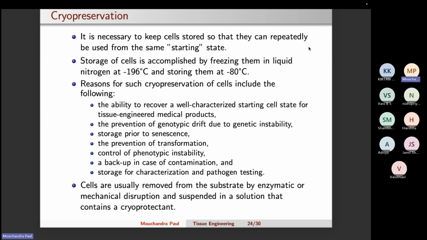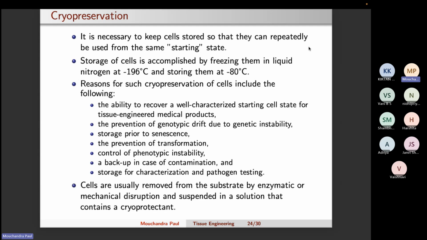When we see that the cells have started undergoing senescence, we discard that passage number, take out the cell stock from the -80 degree or -196 storage, and restart the culturing from the same condition, starting from passage number 1. In this way we use that cell line for years. That is the significance of cryopreservation.